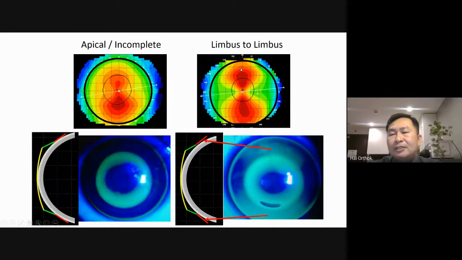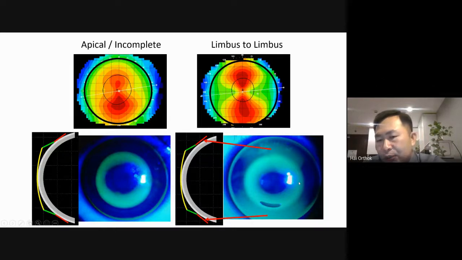And if you look at the elevation map, you will see a negative number right here. That means it's a deeper area on the eye. Because it's deeper, you will see the channel of tear over here. And this spherical lens will not be able to center well or provide stable vision. Because of that, you have to change this lens into a toric lens.